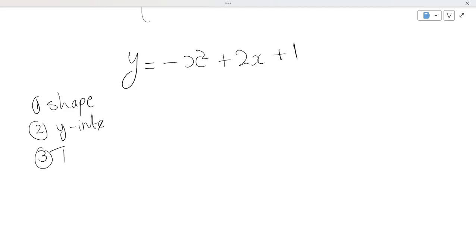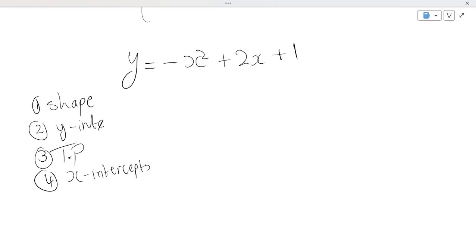Three, I want you to give me the turning point. Then four, I want you to give me the x values, the x-intercepts.